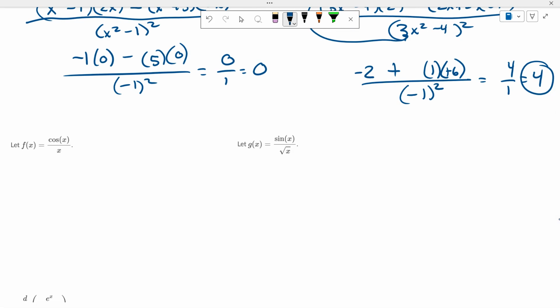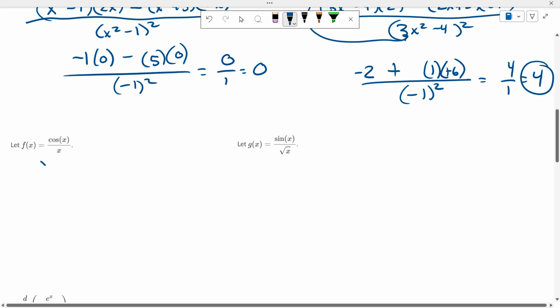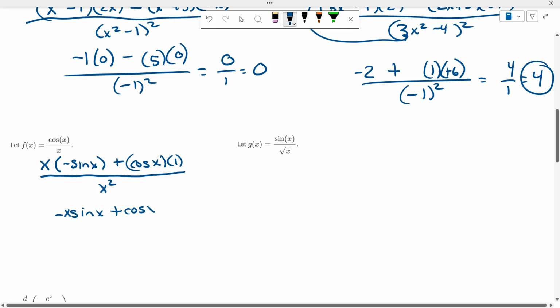Quotient rule is the denominator times the first derivative of the numerator plus the numerator times the first derivative of the denominator over the denominator squared. So it's negative x sine of x plus cosine of x over x squared. Easy peasy lemon squeezy for that one.